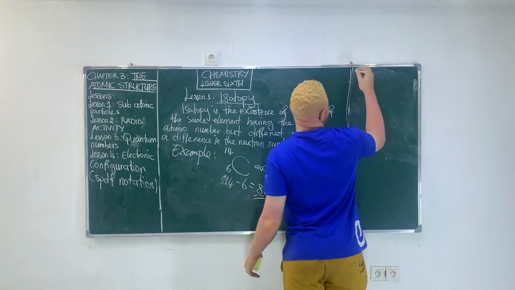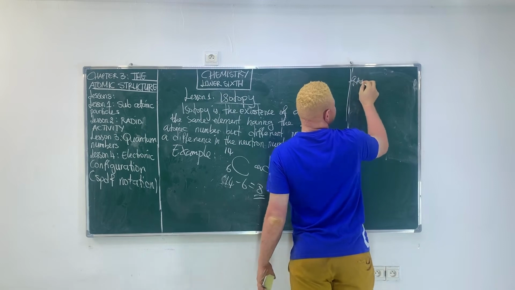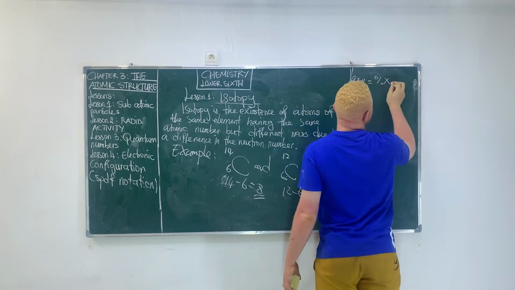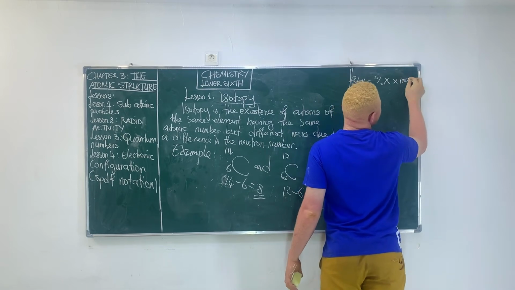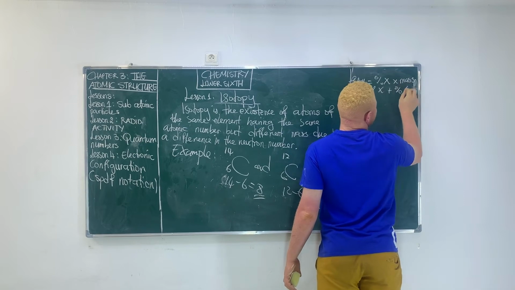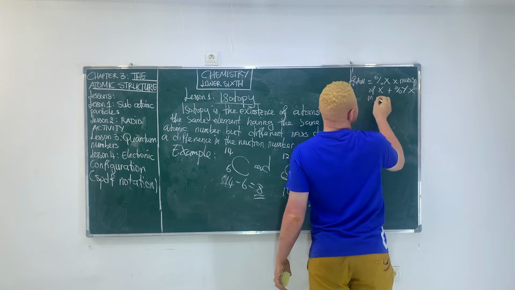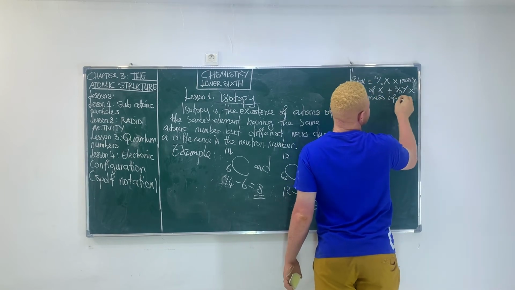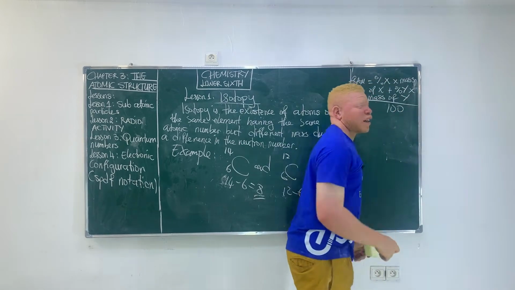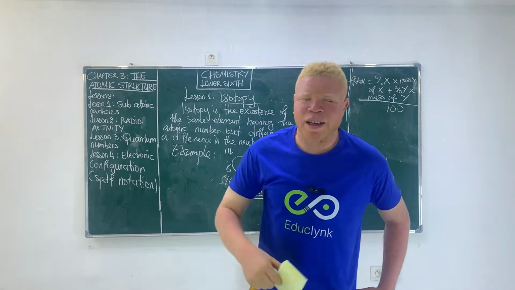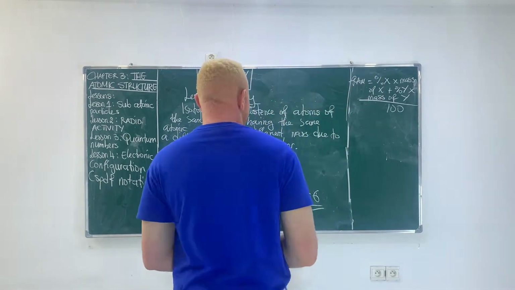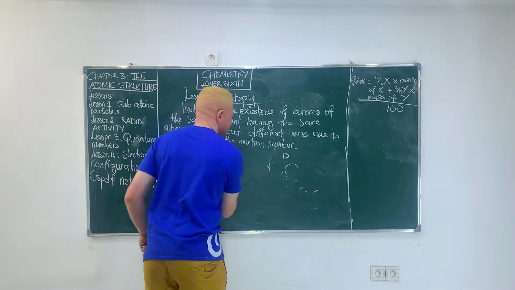The RAM is equal to percentage of X times mass of X plus percentage of Y times mass of Y, divided by 100. Divided by 100 if and only if X and Y are given in percentages. So let's take a typical example.